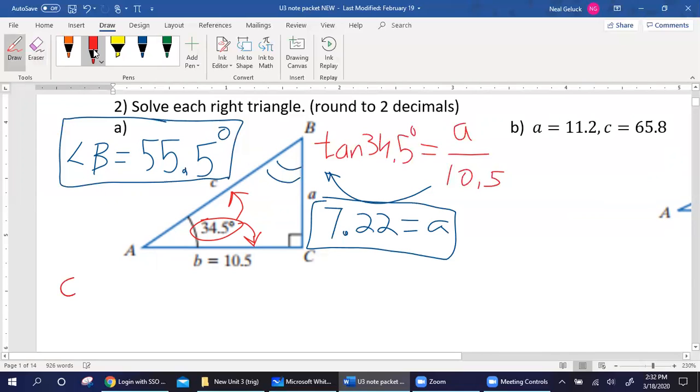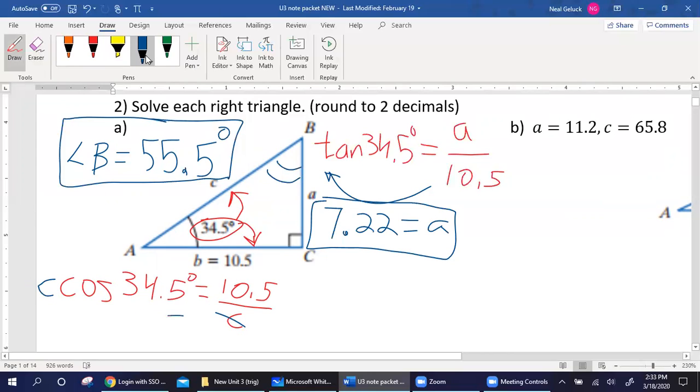So this is going to be cosine 34.5 is adjacent 10.5 over hypotenuse C. Now, again, this is one of those where it's technically a two-stepper. I have to multiply the side C over here, so that would cancel it out.